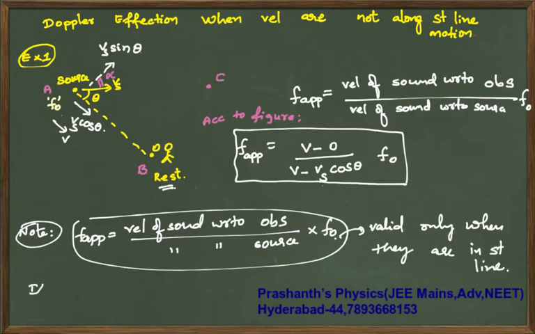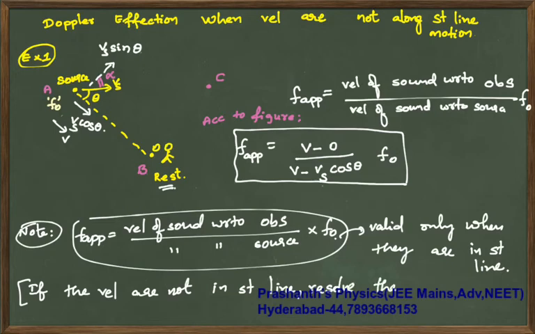If they are not in straight line, if the velocities are not in straight line, resolve the velocities along the line joining source and listener.